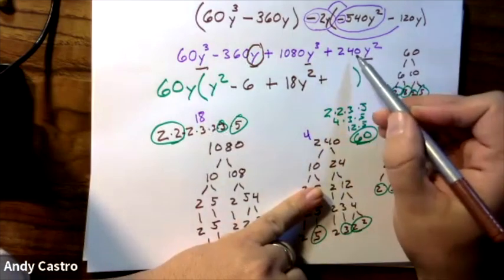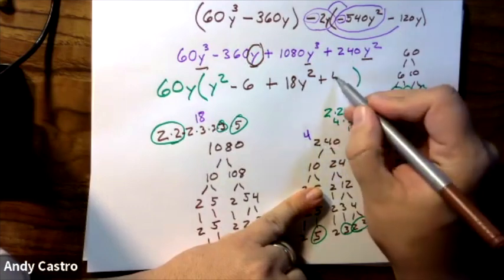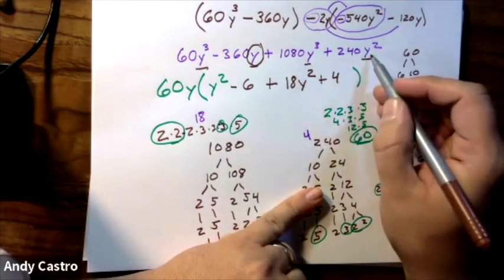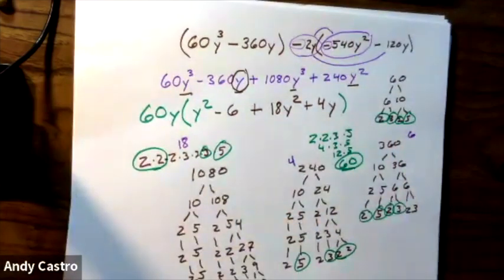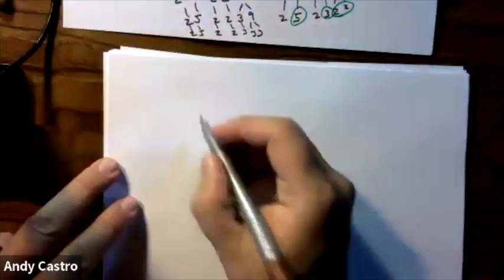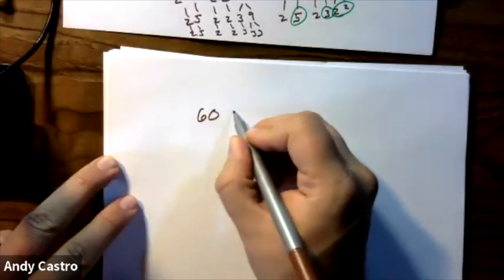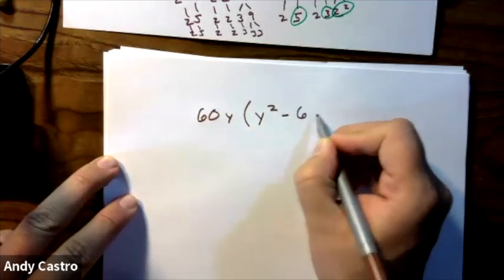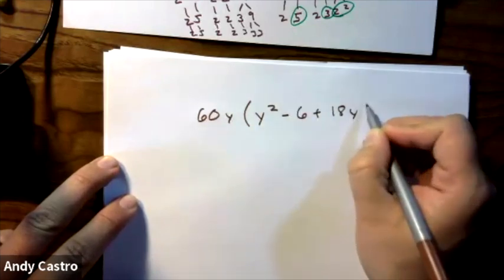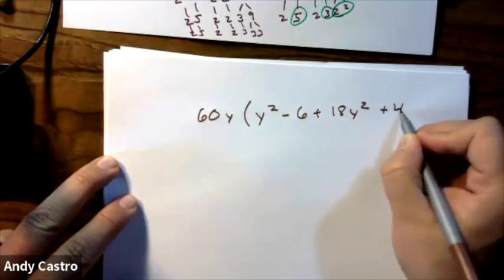If I pull a 60 out of 240, I'm left with 4. Pull a y out of y squared, I'm left with y. All right. Now, we just have to rearrange this. Let me rewrite it and rearrange it. So 60y times the quantity, y squared minus 6 plus 18y squared plus 4y.